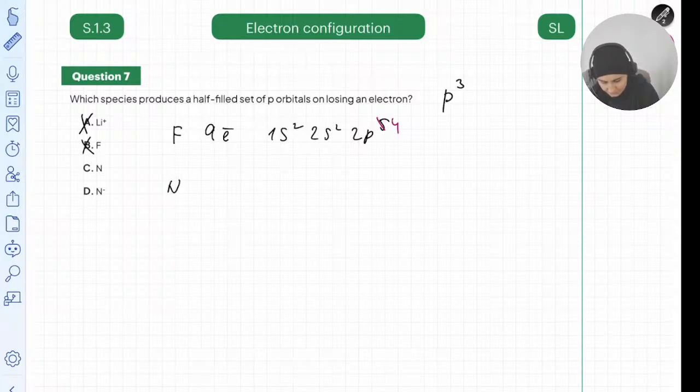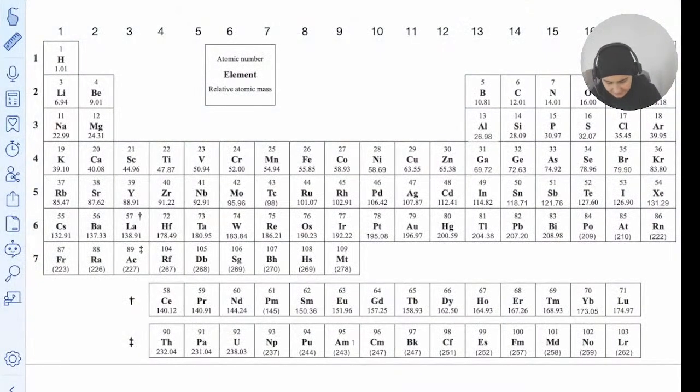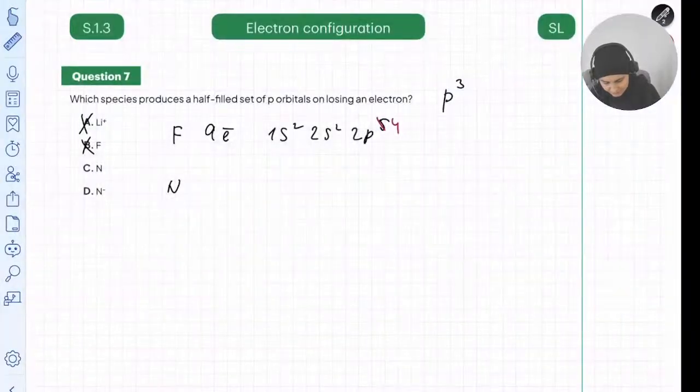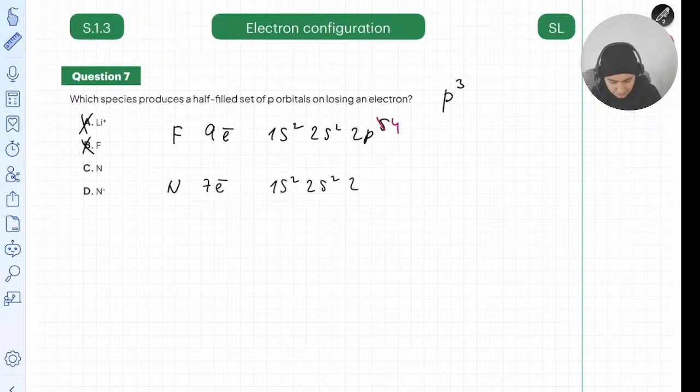Nitrogen. Nitrogen is 7 electrons. It is 1s2, 2s2, 2p, what is it? 3, right? 2p3. If it loses an electron, it becomes 2p2, not p3, so not C, and it must be D, right? If you're running out of time, just choose D, do not check, but we can check.